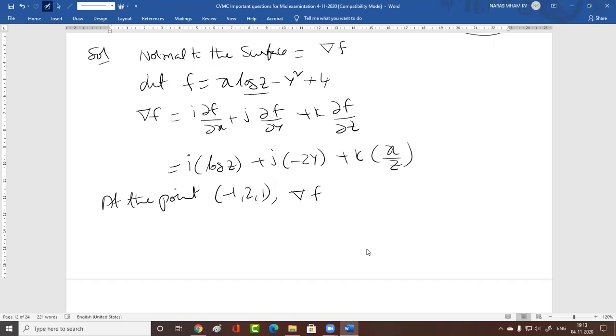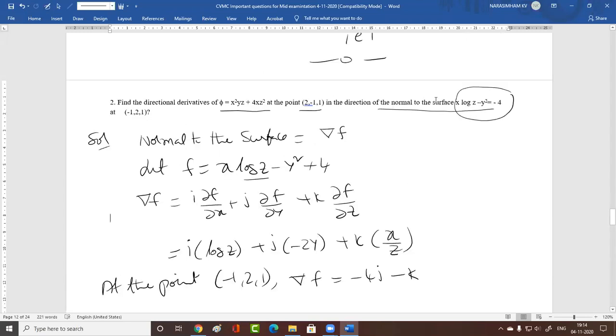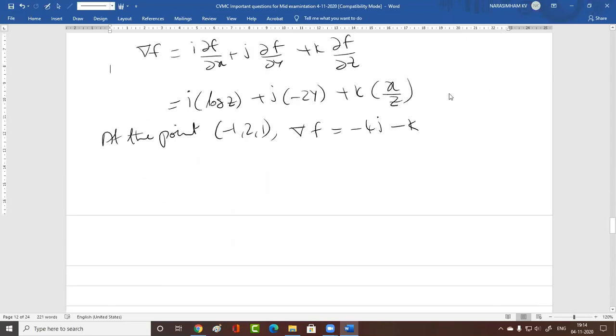Log 1 equals 0, not required. Then y equals 2 gives minus 4j. Next x by z is minus k. So the direction is this normal. Let E bar equal del f, because the direction is normal to the given surface, that is minus 4j minus k.